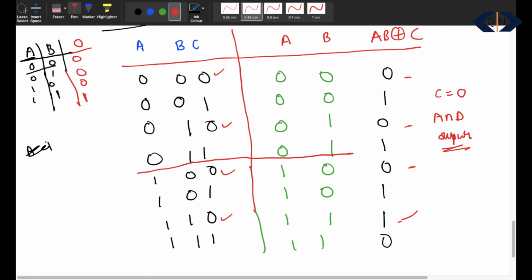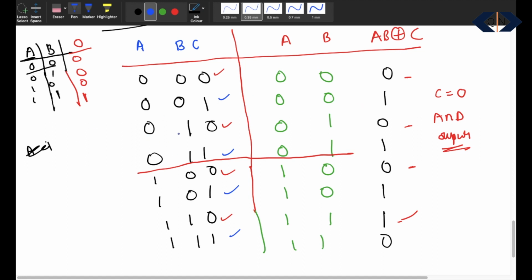Can we check what if C is equal to 1? Let's see. Now let's check for this configuration. Will it work or not? For 0, 0, no, we are getting 1, so it is not correct.